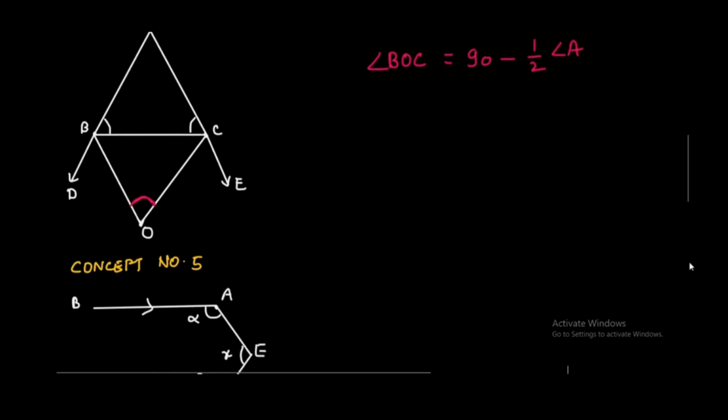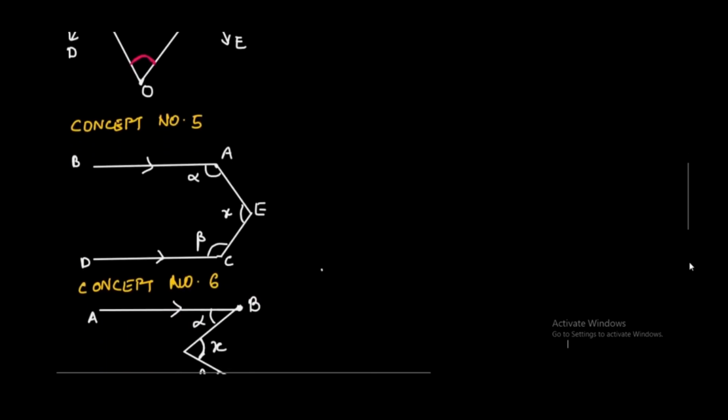Now come to another concept based on transversal lines. In this type of question, we have to draw a line parallel to AB and CD, and we can say that this angle would be 180 minus alpha.